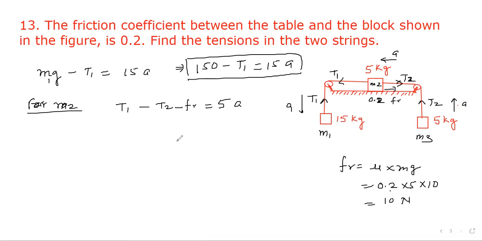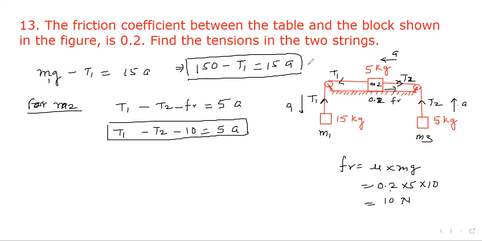So 10 Newton friction force is there. So we can write here T1 minus T2 minus 10 equal to 5A. So this is the second equation. Equation number 1 and this is equation number 2.